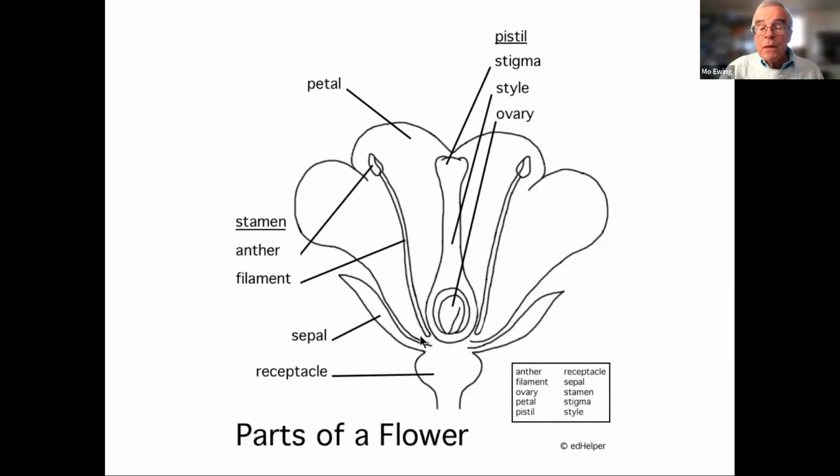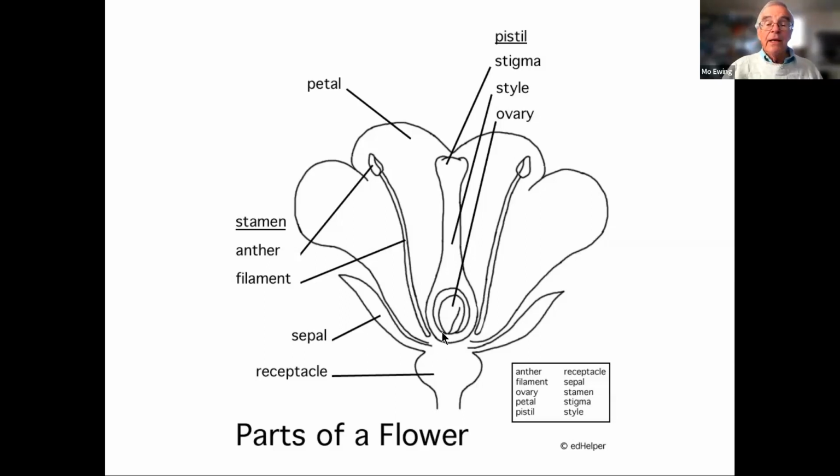And you'll see later on in here, we'll talk about plants that have inferior ovaries, which means that the ovary would sit underneath the sepals, which would come out here, and the petals, which would come out above, so that the ovary would sit below.